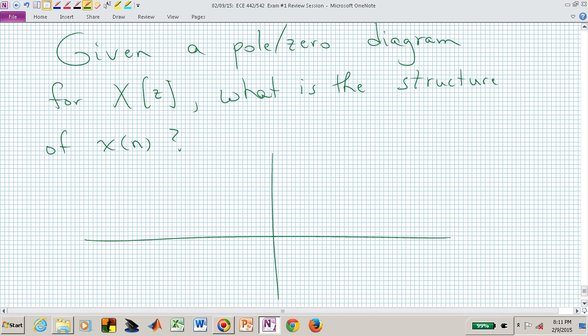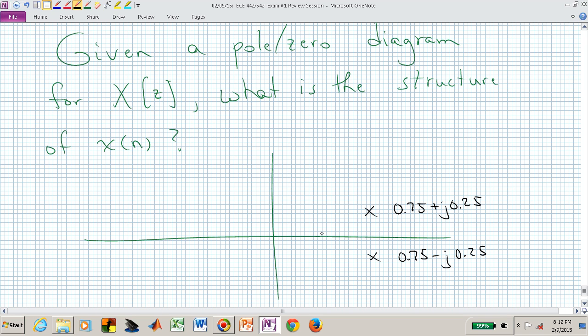Don't worry about it. Suppose we have a pole at 0.75 plus j 0.25. Then we know we have its conjugate, because we are assuming we have real coefficients in our expression for capital X of z.